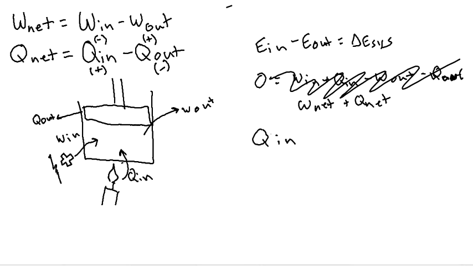Okay, so Q net minus W net equals delta E sys.